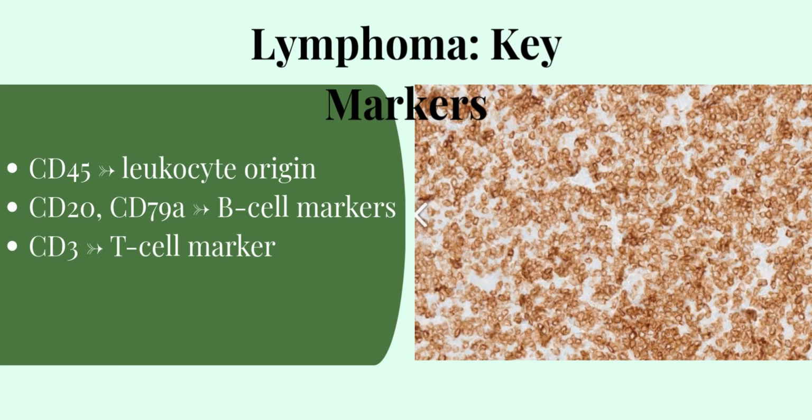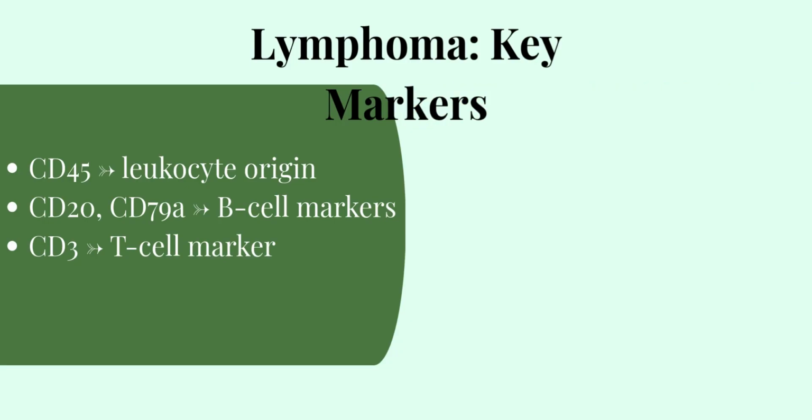Important IHC markers include CD45, which confirms hematopoietic origin. B-cell lymphomas express CD20 and CD79A, while T-cell lymphomas express CD3. These markers help classify lymphoma subtype.